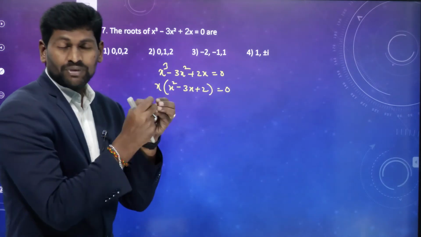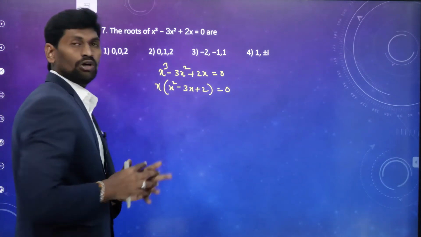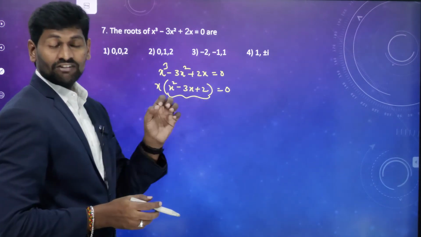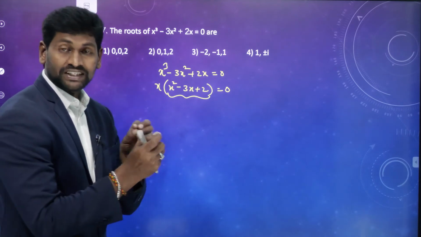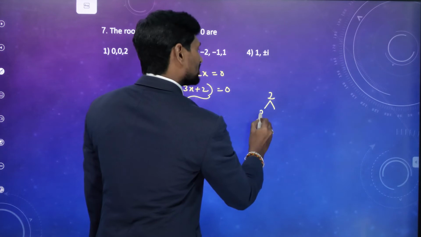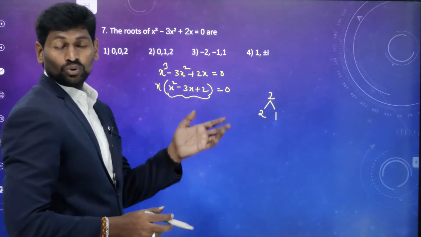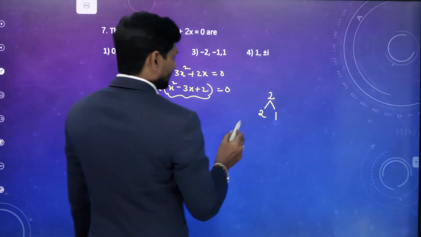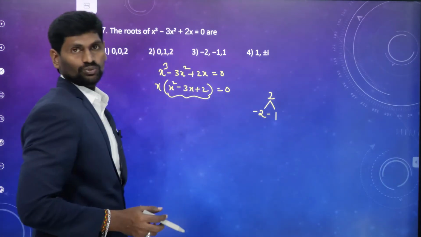That means from every term I have taken x as a common term. Now it is a quadratic polynomial, and I can easily find the factors by splitting the middle term. The constant term is 2, which I can write as 2 ones are 2, because its factors are 2 and 1, as it is a prime number. But I should get minus in between, so both are taking minus 1 here.